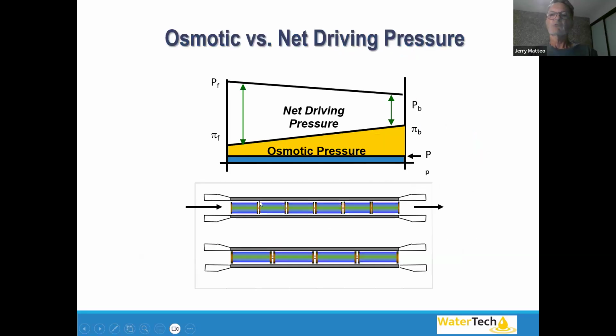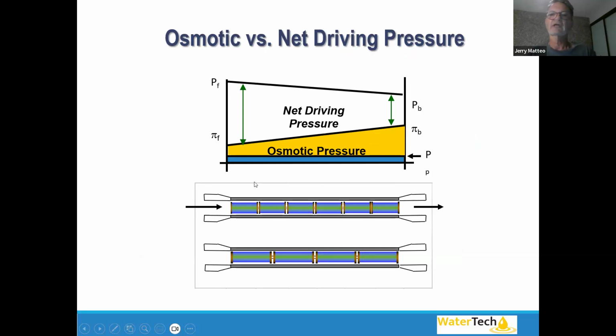Related back to pressure, if I have my membranes in a row, and only the first membrane is seeing my feed water and the last membrane is seeing much more concentrated water, I have an increasing amount of osmotic pressure, right?